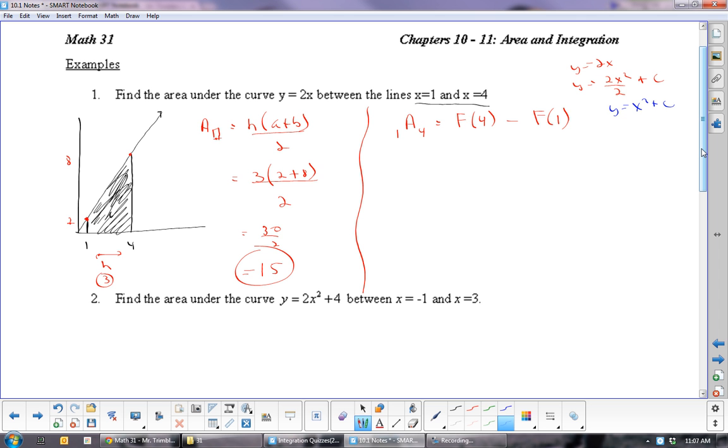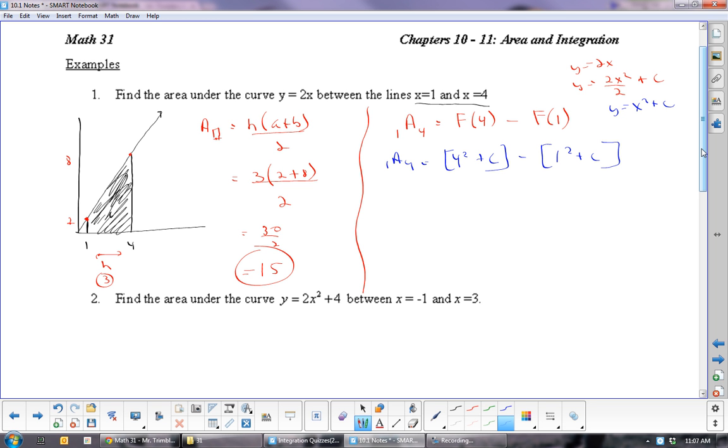But I want to do just this one with the c in it to show you why. Okay? So from 1 to 4, we're going to do f of 4, which would be 4 squared plus c minus f at 1 would be 1 squared plus c.